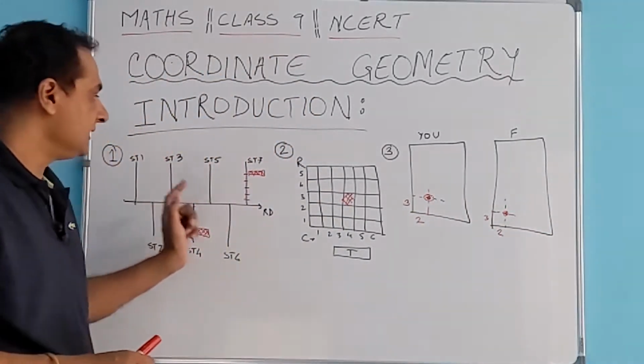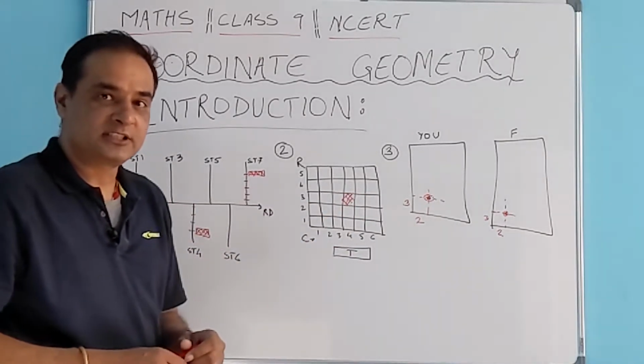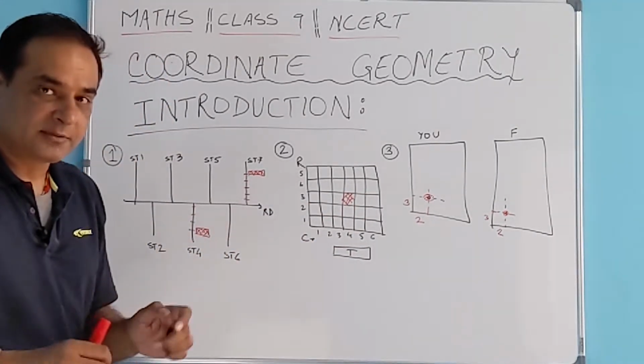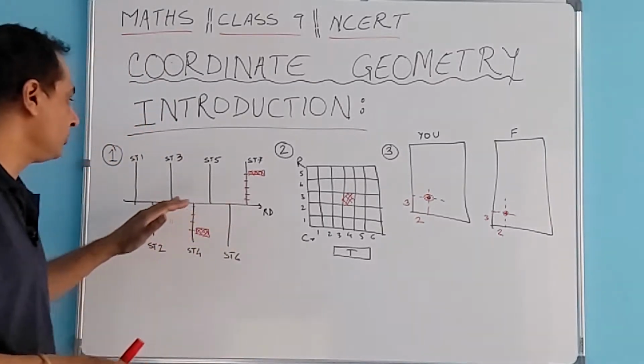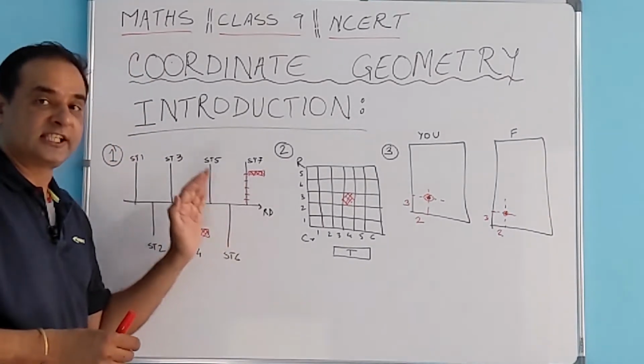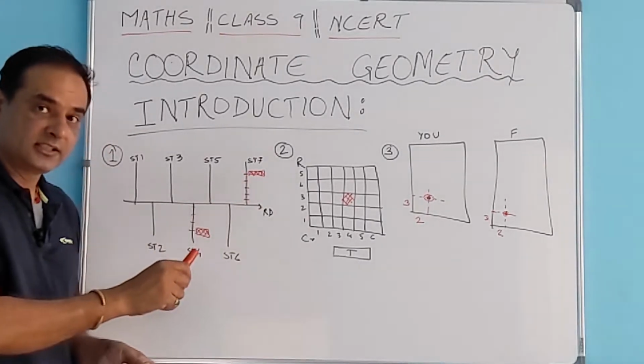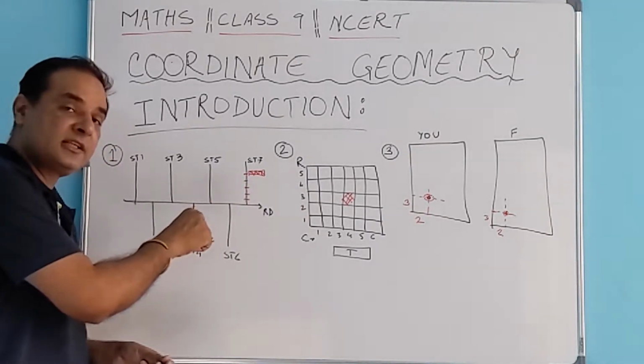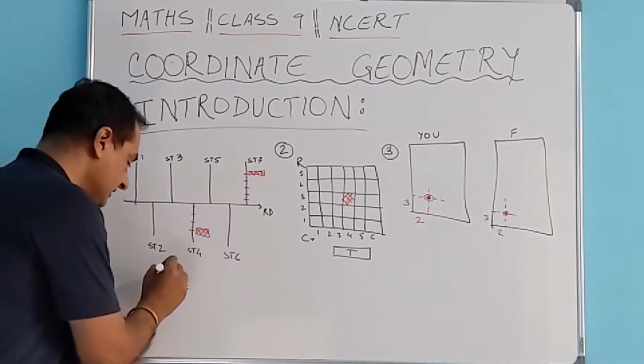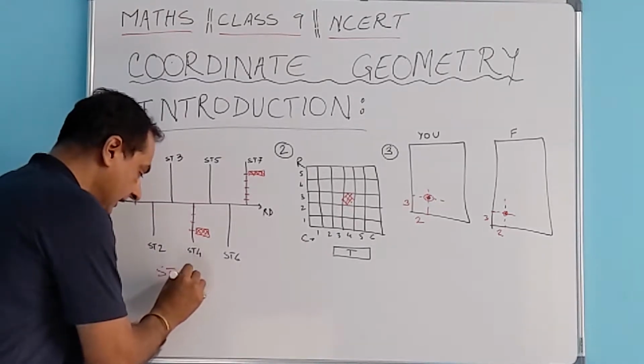Now if you see all three examples, they are more or less similar. Why are they similar? If you look at the example where we are looking at a society with roads and streets, you are identifying the location with the street number and the house number. So it's like street and house number.